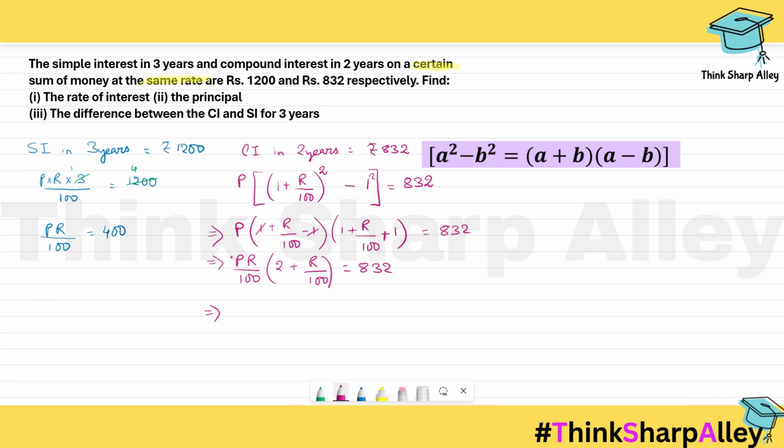Now remember, the value of PR by 100 we had already got. So I'll plug in the value. Instead of PR by 100, I'll put 400 into. And after this, we will do a bit of simplification, which I don't think you need any explanation.